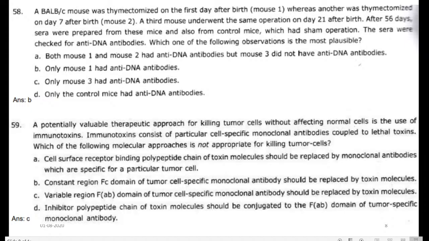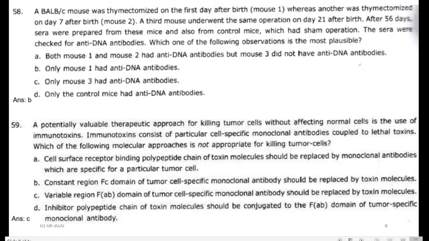In this surgical procedure we remove the thymus gland, and if the thymus gland is removed, there is no production of antibodies. So in this concept, we want to know thymectomy.